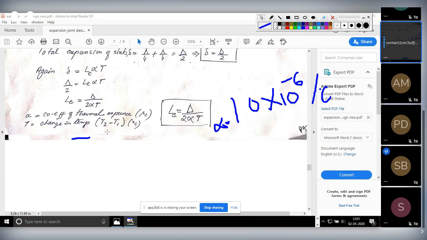They will give you the rise in temperature or change in temperature. That means this is T; they have already given the total value T. And sometimes they will give you the casting temperature and the maximum temperature. That time you have to find the T value by subtracting the both. Now let us do one sum easy.